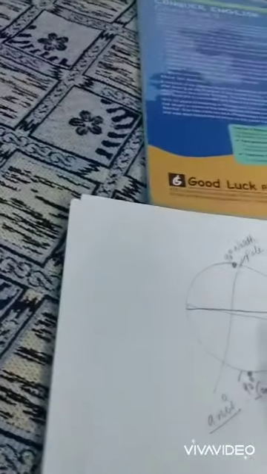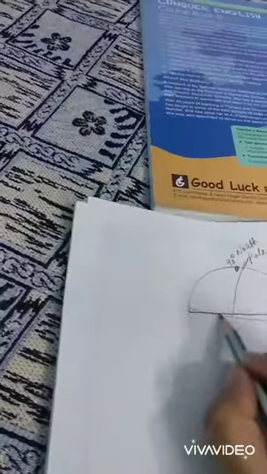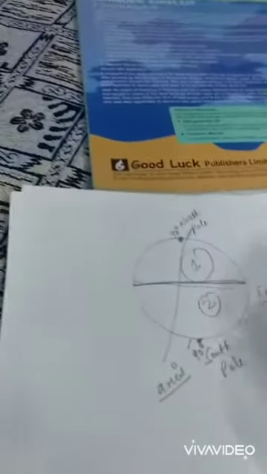So just suppose this is the equator line which divides the earth into two halves. The first half is this and the second half is this.